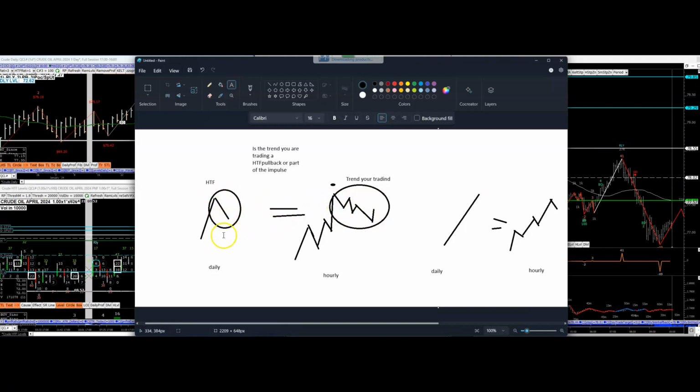Or is the hourly uptrend you're trading not part of the pullback, but part of the dominant trend, part of the impulse? You need to know that, and it also has to do with risk reward and things like that. So you have to know this, because if you don't, you're going to make a lot of errors. All right, so that's the second thing.